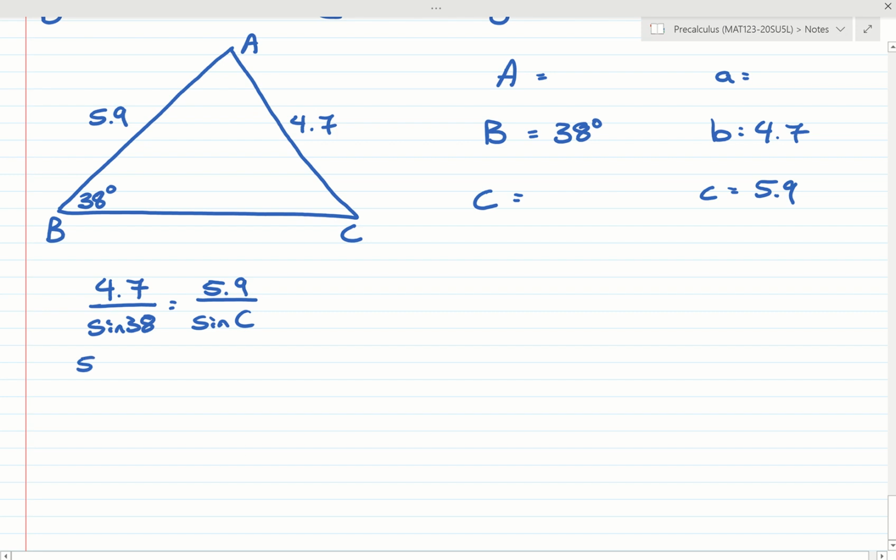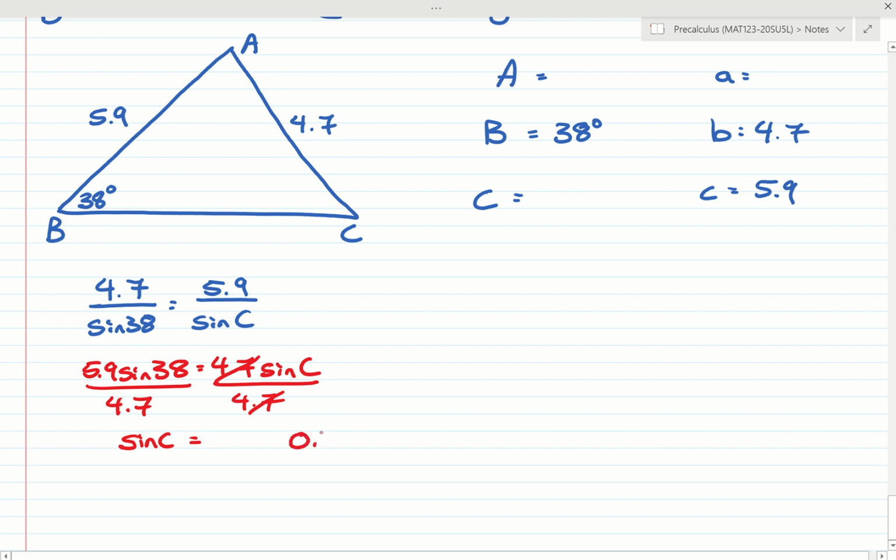and change color here. We'll get 5.9 times the sine of 38 is equal to 4.7 times the sine of C. Divide both sides by 4.7. So we'll get the sine of C is equal to 5.9 times the sine of 38 divided by 4.7.